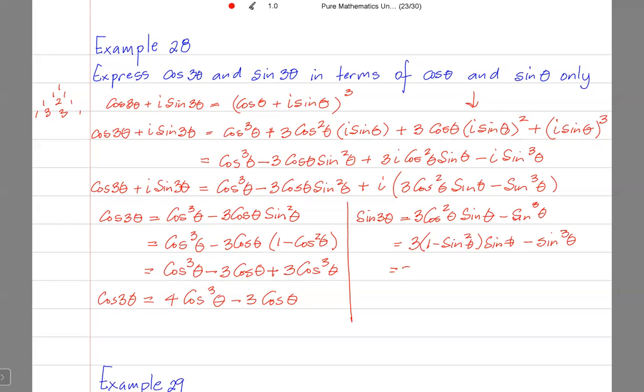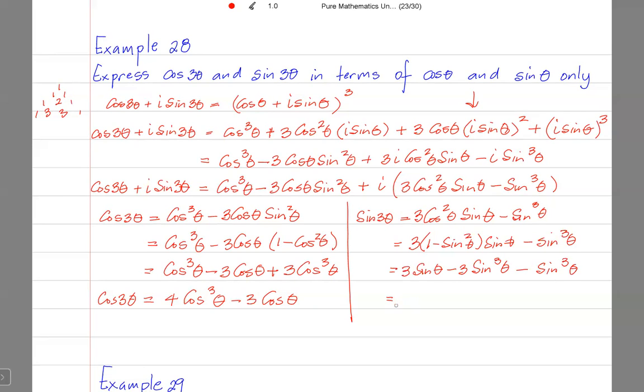So this becomes 3 sine theta minus 3 sine cube theta minus sine cube theta.